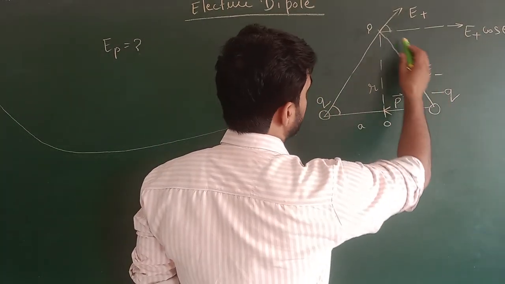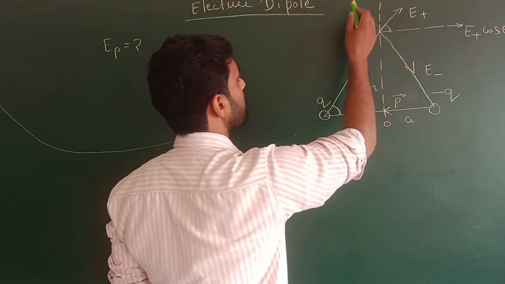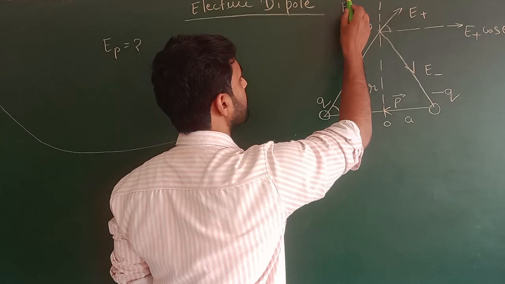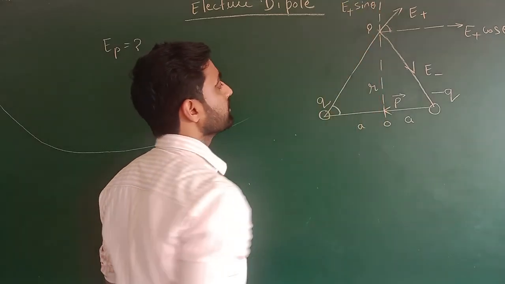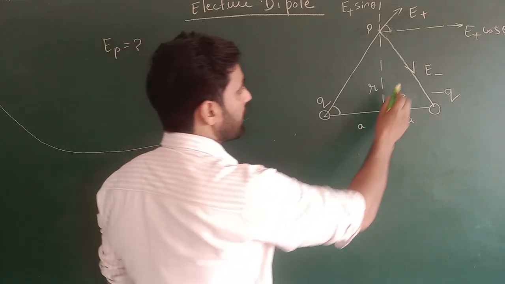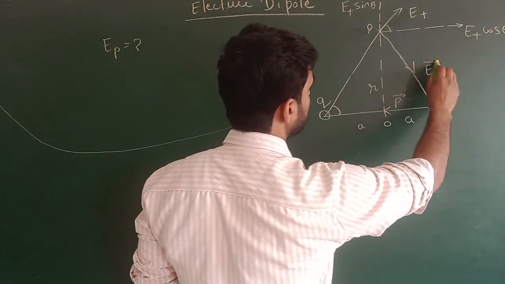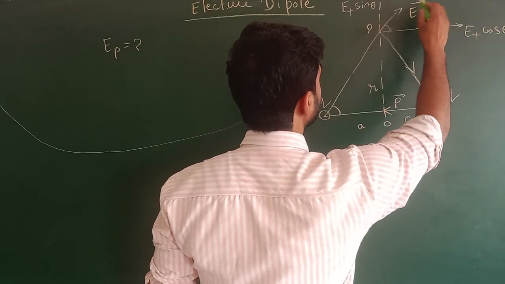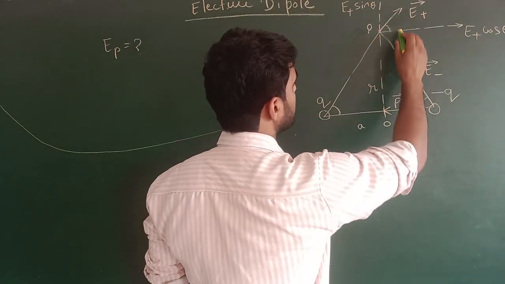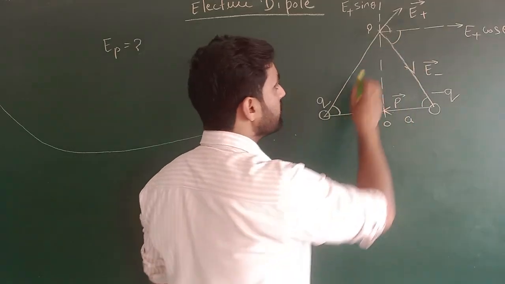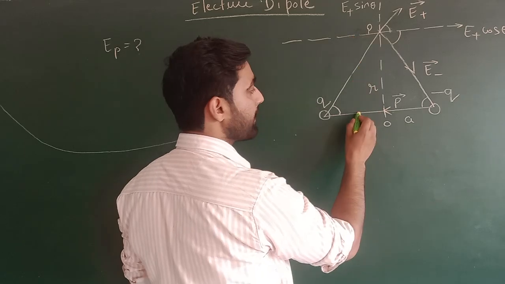Similarly, another component, this component will be E plus sin theta. When we will resolve this E minus, then this angle is 60 degree. This angle will also be 60 degree due to alternate angle. Ultimately, these two lines are parallel lines.